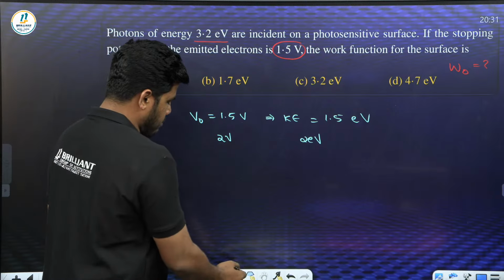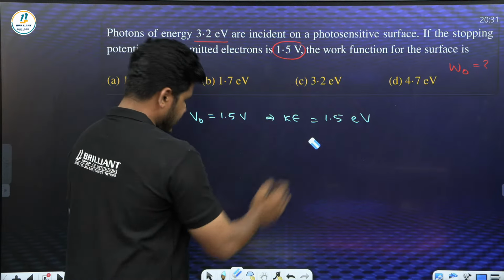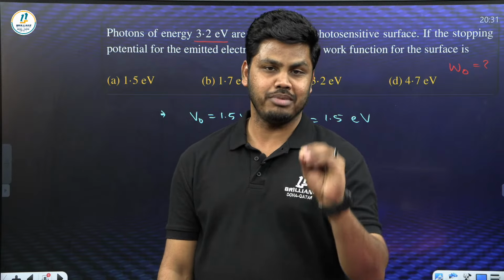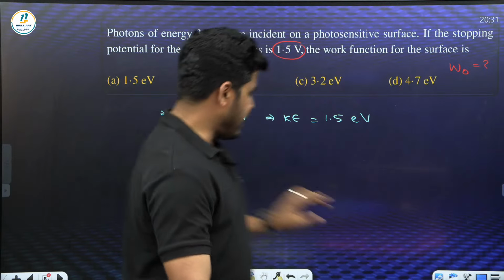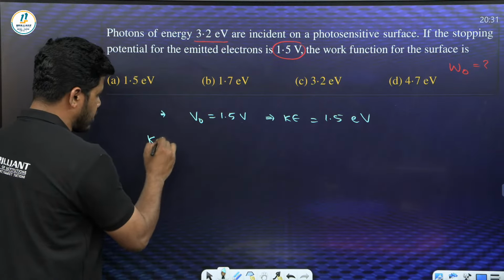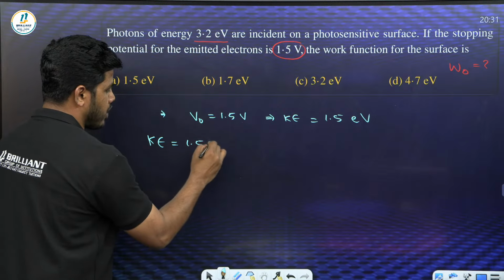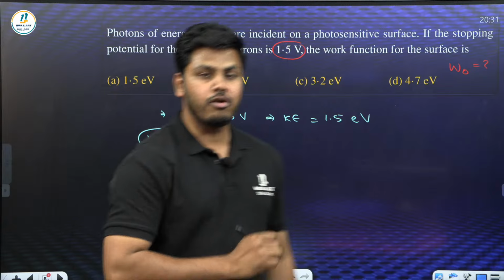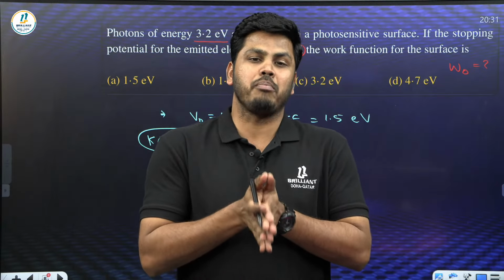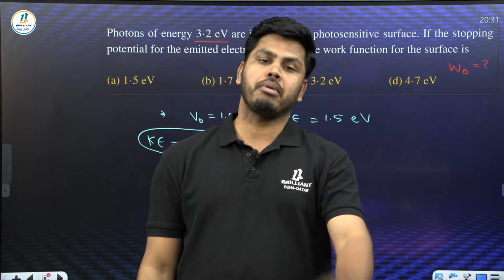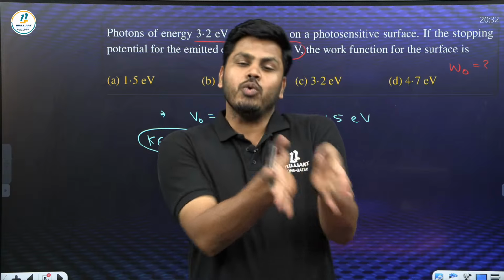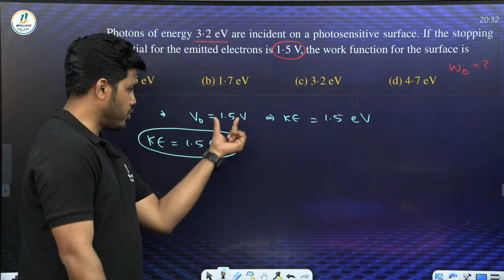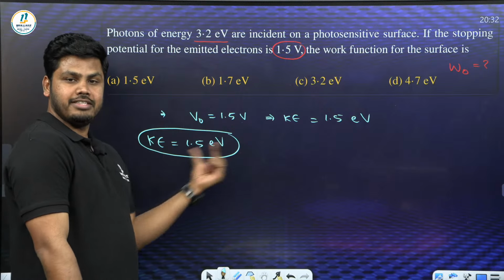So from the stopping potential value, we can easily infer the maximum kinetic energy of the emitted electrons. That is not given directly in the question; only the stopping potential 1.5 is given, so eV0, the kinetic energy, is 1.5 eV.